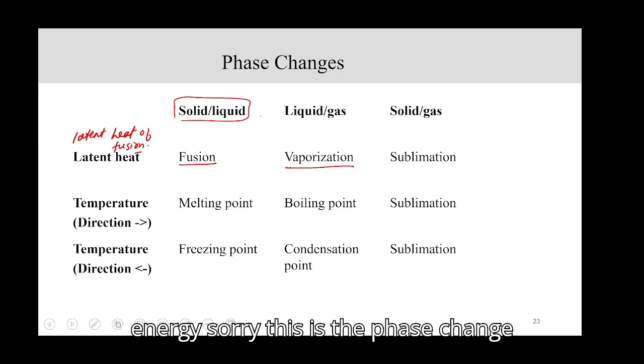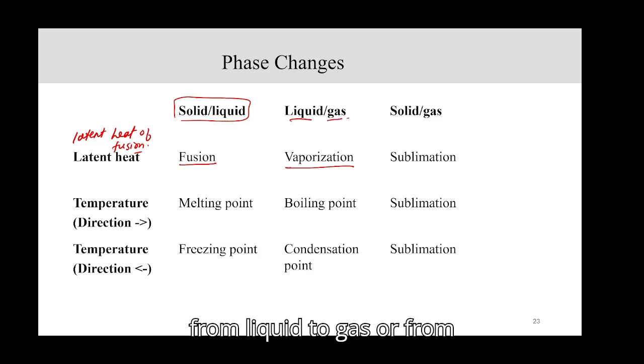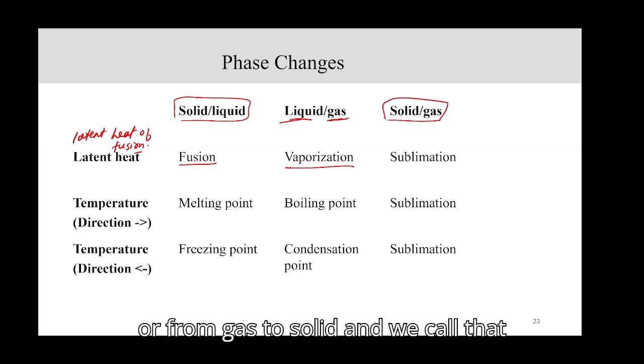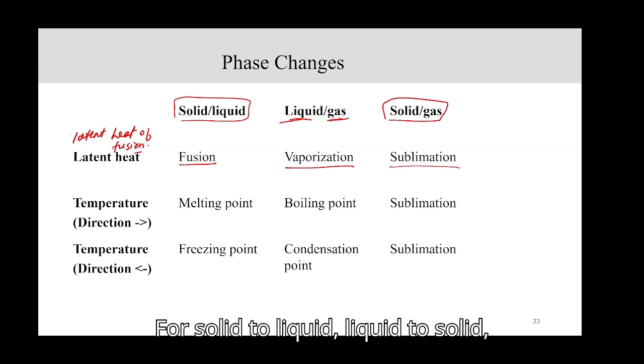This is the phase change from liquid to gas, or from gas to liquid. And there is also the phase change directly from solid to gas, or from gas to solid, and we call that process sublimation.